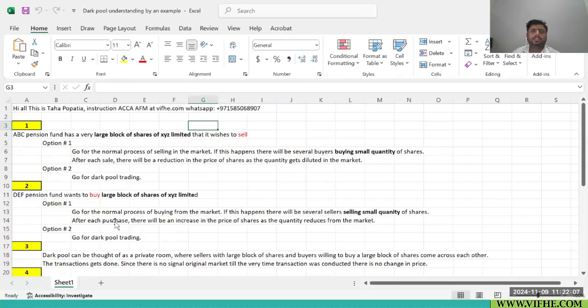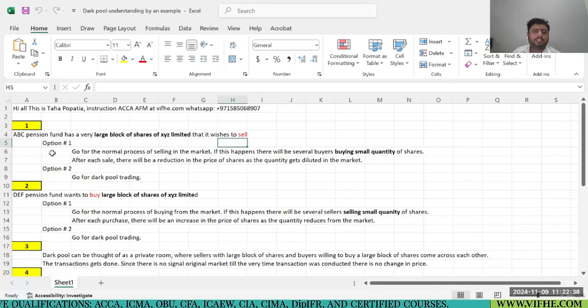Do remember that you don't need a very in-depth understanding, but yes, you must know something so that you are able to write it. Now, point number 1. Let's say that there is ABC pension fund, and ABC pension fund has a very large block of shares of XYZ Limited that it wishes to sell due to some reason.